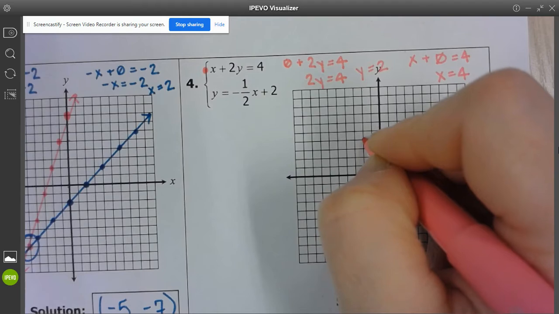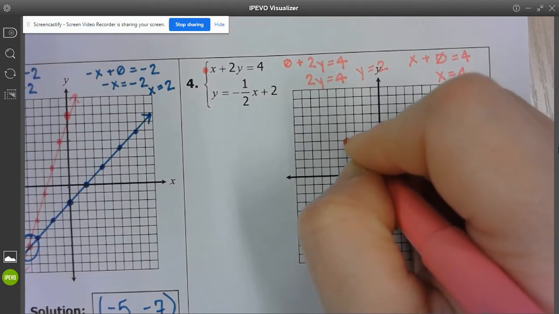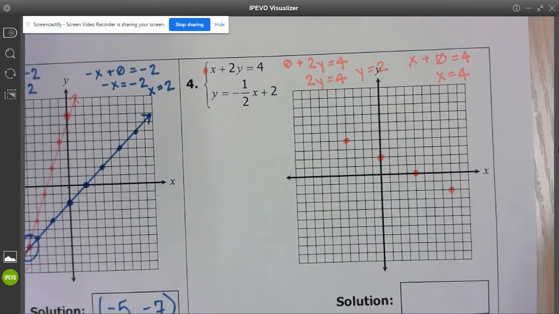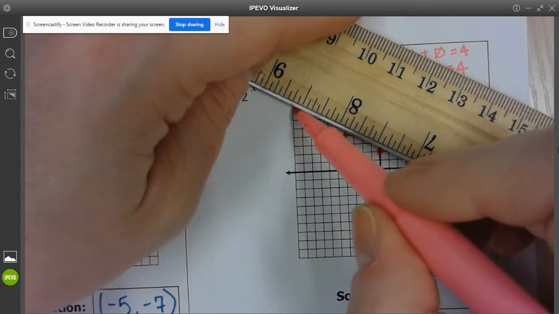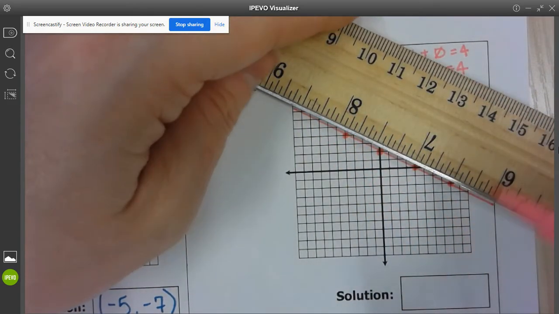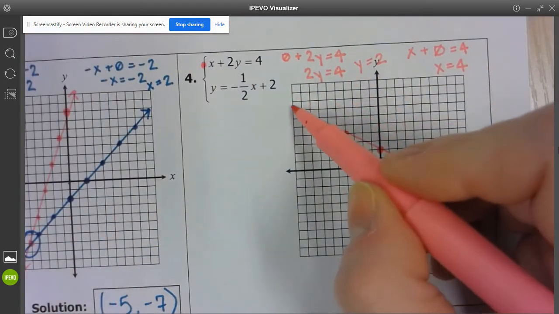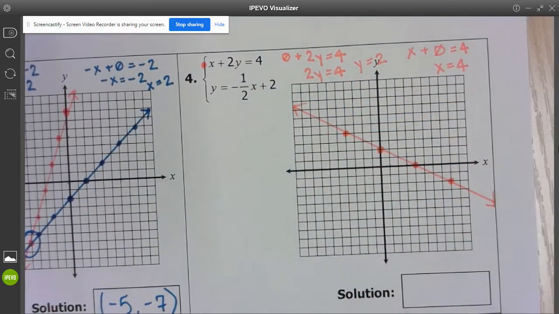I would rather be safe than sorry. My goal is to be precise in my mathematics. That's one of my mathematical practices, is attending to precision. So I have to make sure I'm being as precise as possible with these graphs. The neater you are, the better.